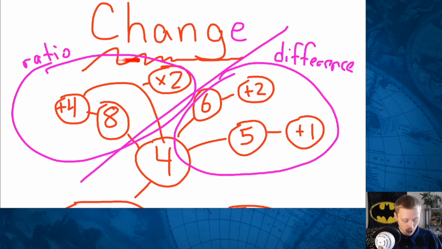And ratio is probably going to be the strongest. Difference is a little bit more base level. It is more common in Algebra 1 and pre-algebra, and elementary math deals with a lot of addition and subtraction. As you get higher and higher, more complex ideas, more advanced mathematics, more and more things deal with the ratio.